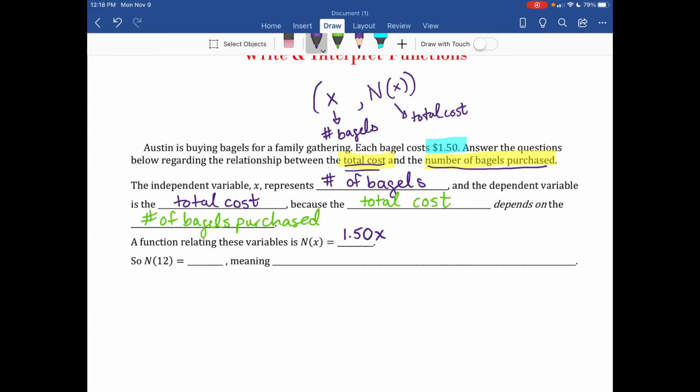So 1.50 times the number of bagels will give me my total cost. Then they ask us to evaluate n of 12. Well, we plug 12 in for x, and we get 18. What does that tell us? It tells us that when we've purchased 12 bagels, the total cost is $18.